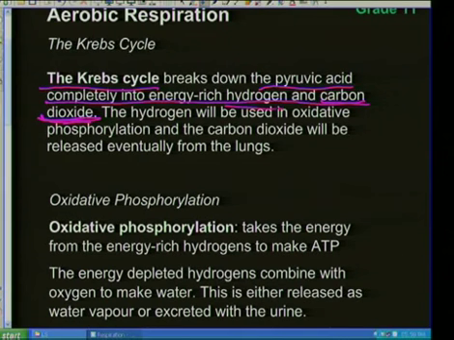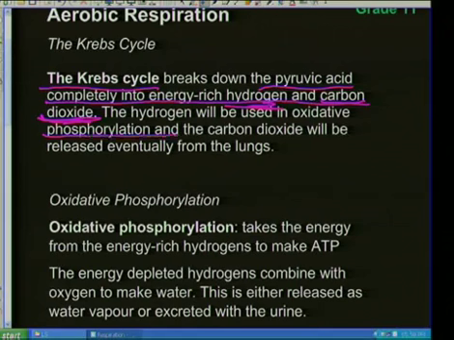And the hydrogen, as we said in glycolysis, is going to go to the process called oxidative phosphorylation. There we have it. And the carbon dioxide will be released eventually from the lungs.